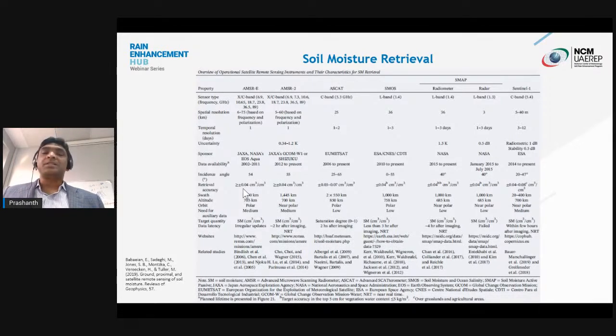So as I see now, there is significant potential in utilizing radar for soil moisture retrieval. With this, I'll hand over to Dr. Marcus, who will show some of the results we've been acquiring with radar images, or UAE, to show the potential of how we can actually utilize this for supporting the rainfall enhancement program.